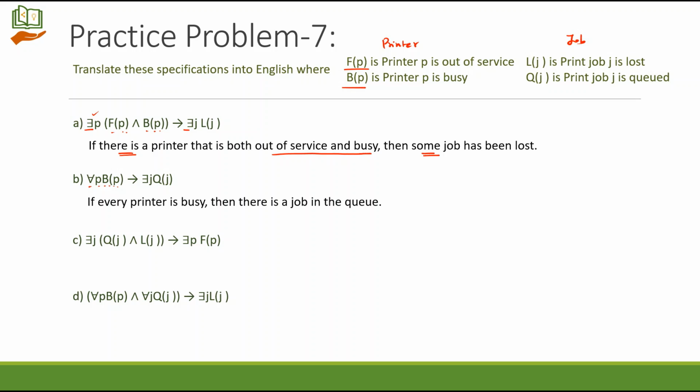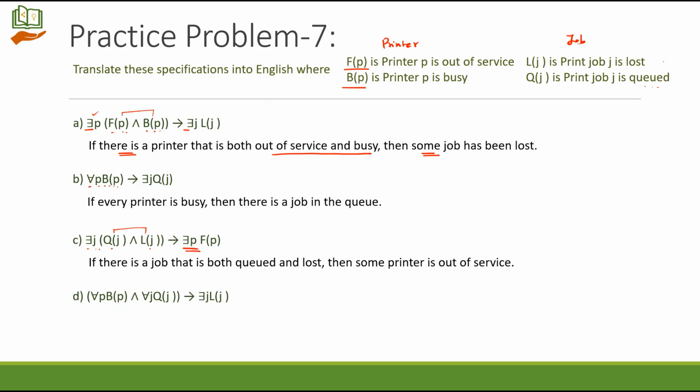Now we will go for C. Q of J and L of J. What is it? Job is lost and job is queued. And there is a job that is lost and queued. If this is the case, then we can say some printer is out of service. If there is a job that is both queued and lost, then some printer is out of service. So this is some printer and this is there is a job.